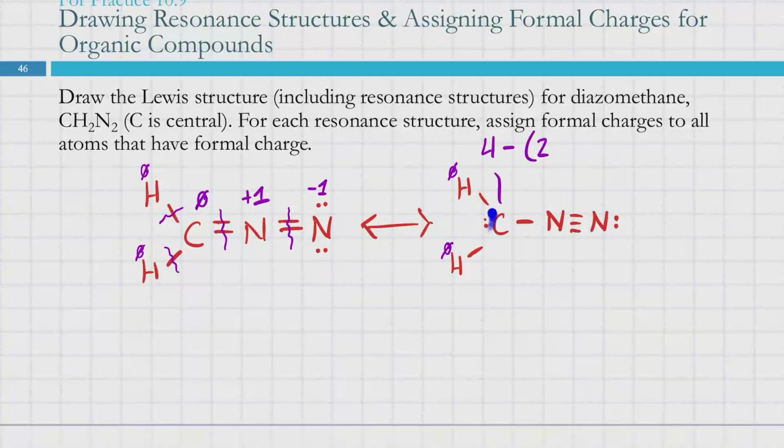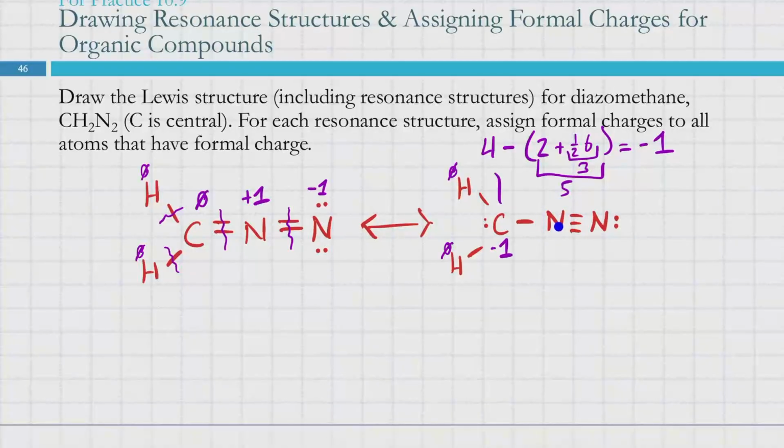It's got 2 electrons that are just on the carbon as lone pairs, and there's 6 bonding electrons. It gets half of those. So 1/2 of 6, which is 3. 3 plus 2 is 5. 4 minus 5. The carbon's got a -1.